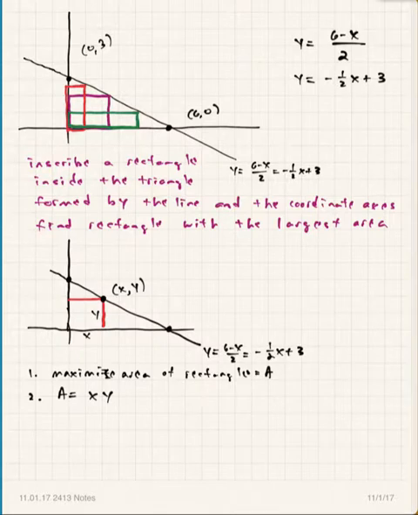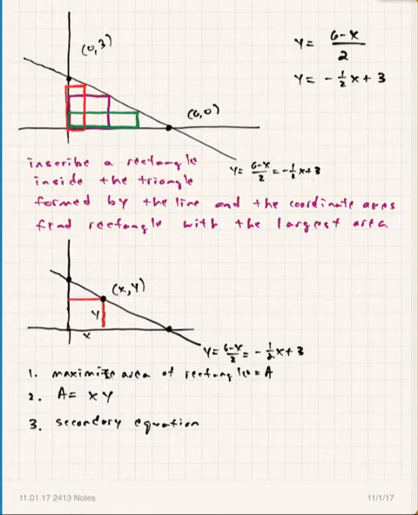And so now what we need is an equation that connects x and y, because this is now a function of two variables. We want it to be a function of one variable. So we need a secondary equation. But what do we see about that point? That point, x, y, lies on the line y equals -1/2 x plus 3.